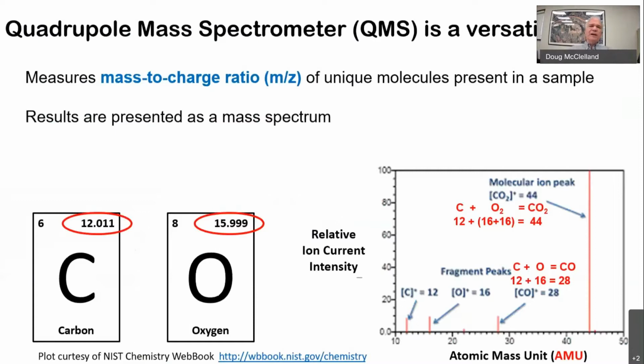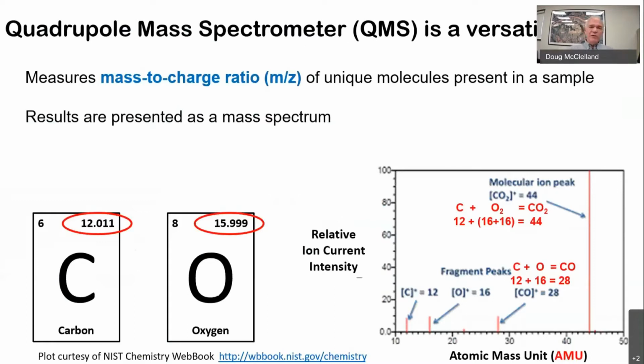And so let's talk about how that data is presented. Well, it's presented in what's called a mass to charge ratio. Mass spec looks at each element. If you remember your periodic table, each element had a mass value on it. We'll round that value off to a whole number, and that'll be the AMU, the atomic mass unit assigned to that element.